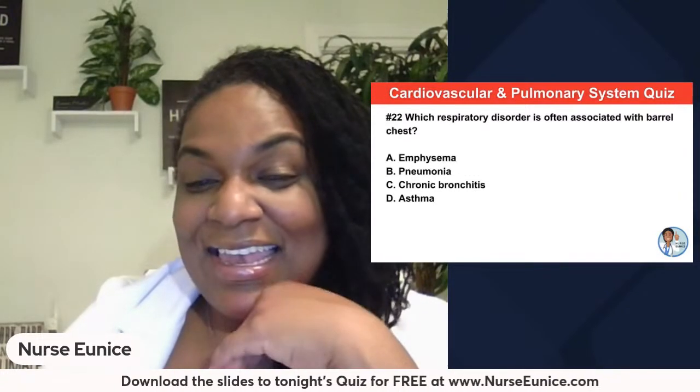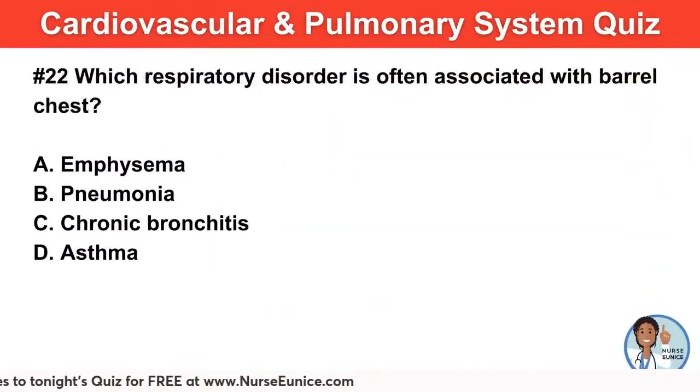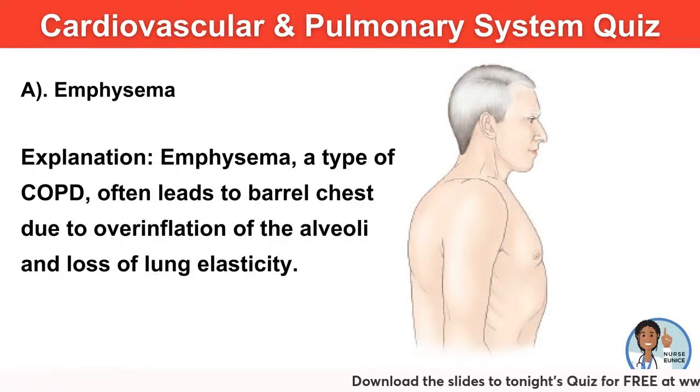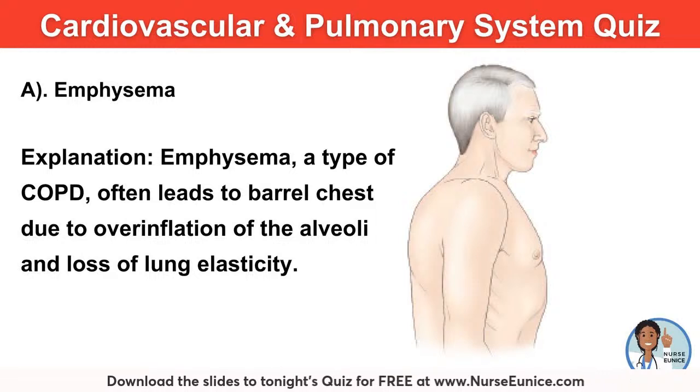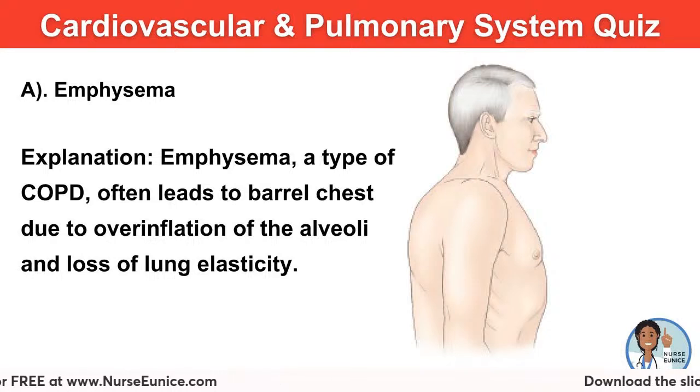Navkaran, Nana? Yes, Alexis. It is emphysema. So, emphysema is a type of COPD or chronic obstructive pulmonary disease that often leads to a barrel chest due to overinflation of the alveoli and loss of lung elasticity.